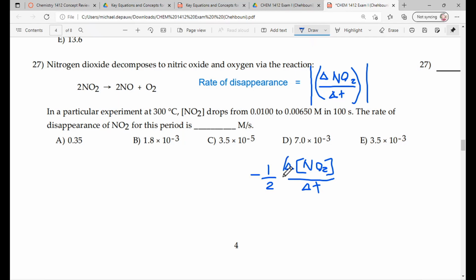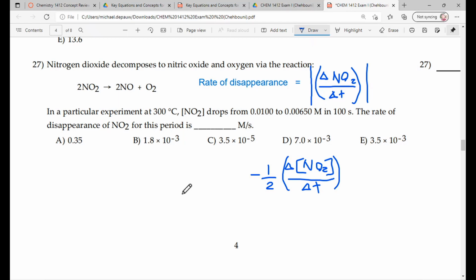And this term right here, the one in parentheses, is your rate of change of NO2. Rate of disappearance is just the absolute value of that. You cannot have a negative rate of a reaction, and you cannot have a negative rate of disappearance, or a negative rate of appearance for that matter.